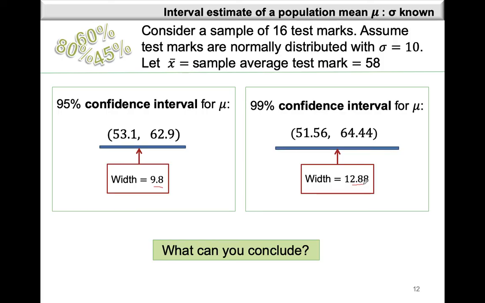So we can see that when we increased our confidence level, we also ended up increasing the margin of error, which ultimately increases your interval, and that's why you have a larger width. So if you want to increase your chances of finding mu in an interval, then that means that your interval is going to lose the accuracy of estimating mu. So if you want to be more accurate when you estimate mu, then your confidence level has to be decreased.